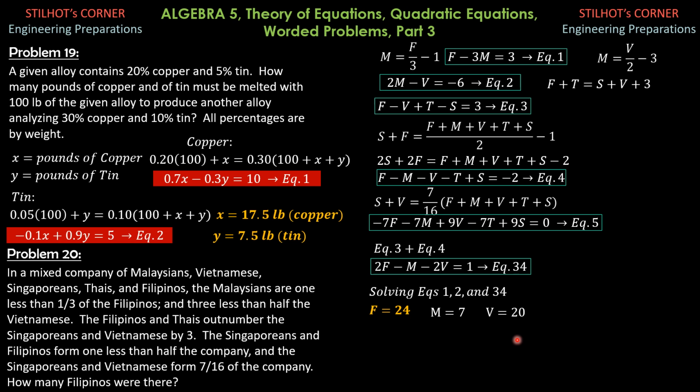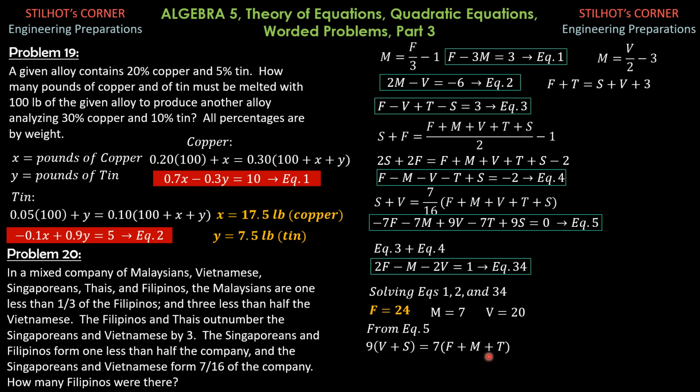If we continue, from equation 5 we have 9 of V plus S equals 7 times the quantity F plus M plus T. So 9 times V plus S equals, transposing negative 7 to the right, positive 7 of Filipinos plus Malaysians plus Thais.